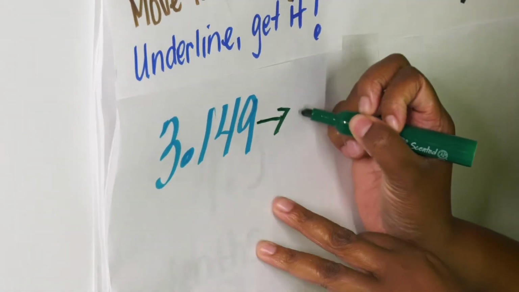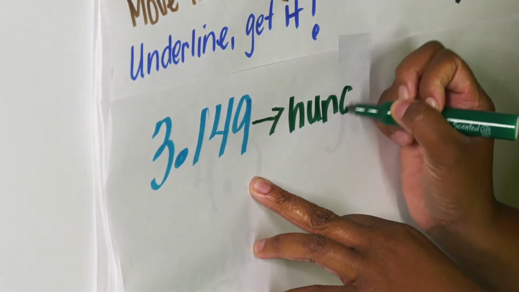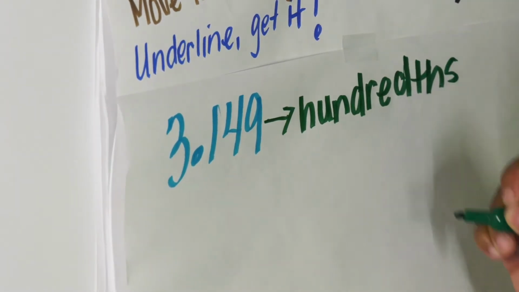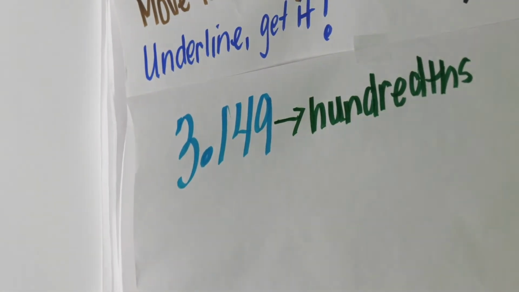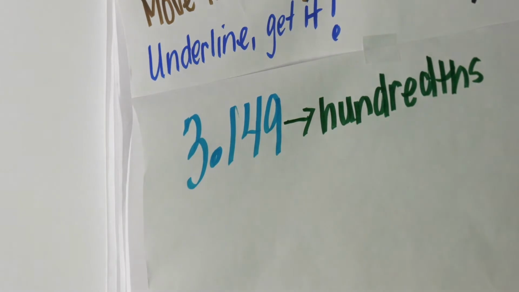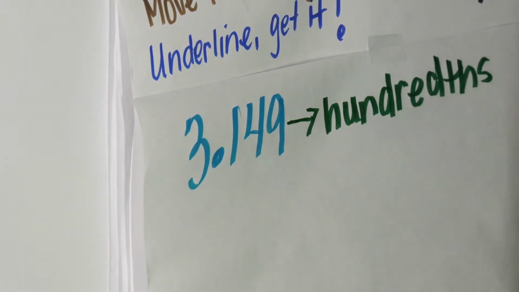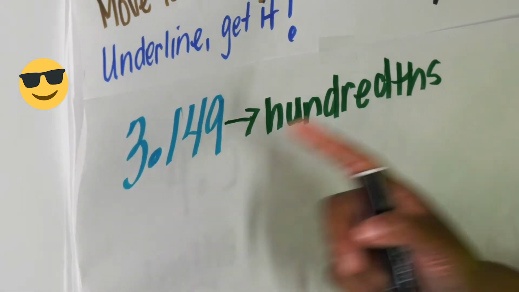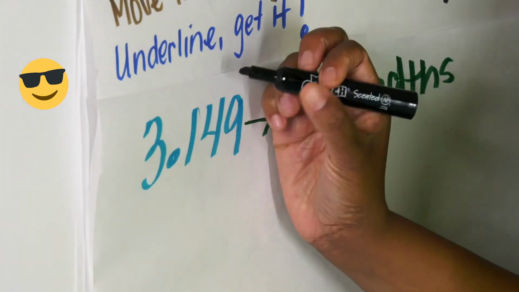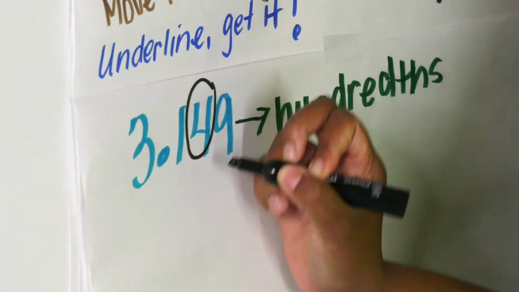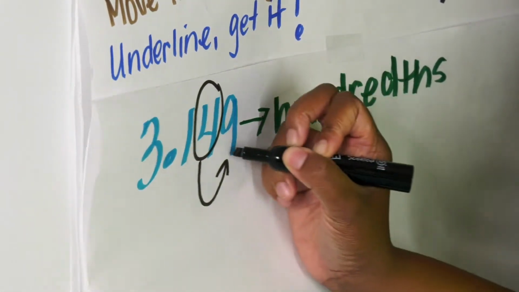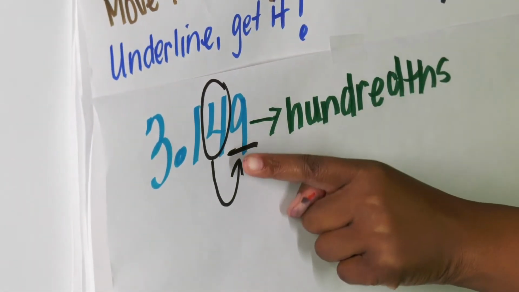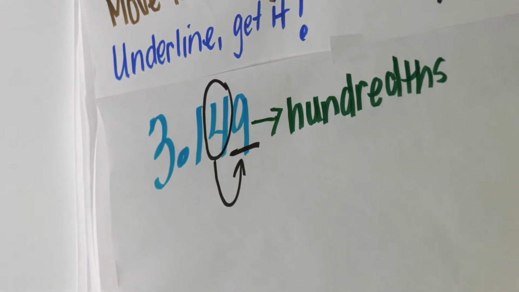Just gonna put a little arrow, and we're gonna round this number to the nearest hundredths. So, using our wrap, find the place value, the hundredths, the digit that's in the hundredths place, circle that digit. 4, move to the right, underline our 9, and we're going to get it from our rounding triangle.